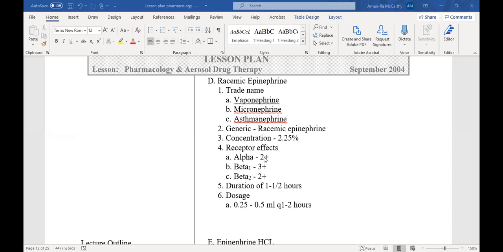So you're going to have not only alpha, but their heart rate is going to jump up too, because it's going to cause the heart rate and strength to go up and have vasoconstriction. Now, bronchodilation, a little bit. We wouldn't pick this one just for bronchodilation. If they don't have an allergic situation, I'm not even reaching for epinephrine, okay?